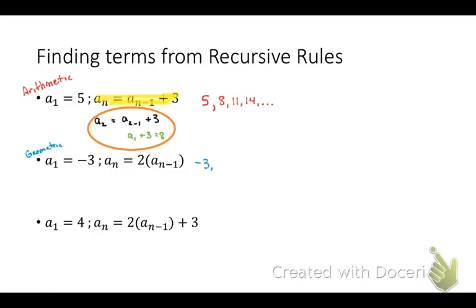Multiply by 2. So what's my next term? Negative 6. What's the next term after that? Negative 12, right? What's the next term after that? Negative 24. Next term after that, negative 48. And then we would just keep going.